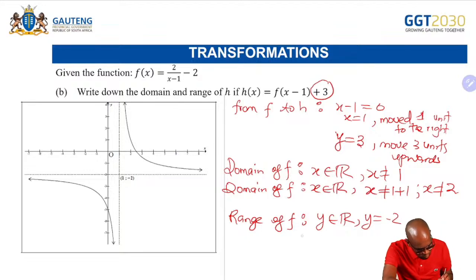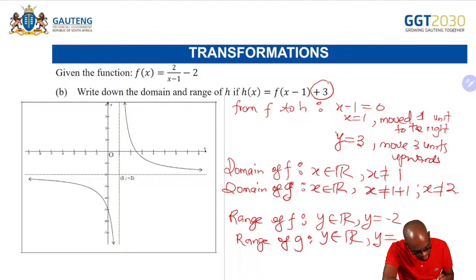Now, what is the range of g here? It's y an element of all real numbers, but y cannot be negative 2, and you moved it up, so it cannot be negative 2 plus 3, so y cannot be equal to 1.